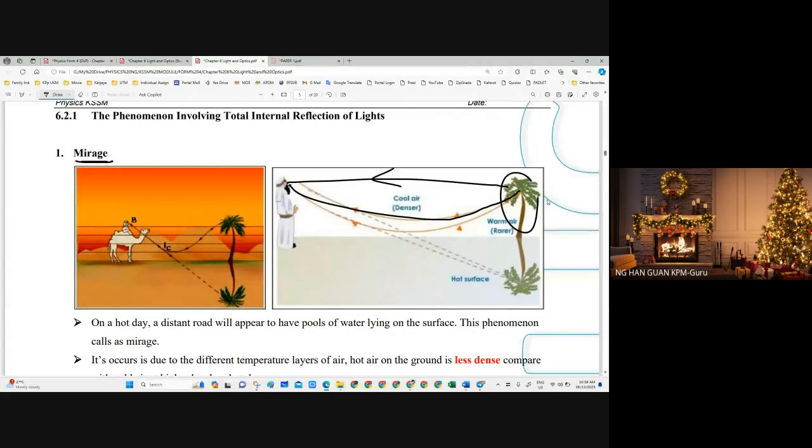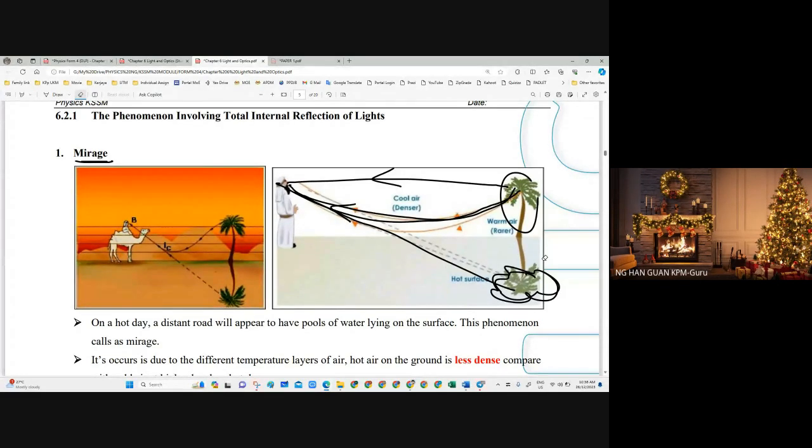Because of the bending of light, it enters our eyes. Our eyes see in a straight line, so we see the image appear here. But it's not a clear image. Depends on the conditions. Most of the time we don't see it very clearly, but sometimes we can really see a very sharp and very clear virtual image.